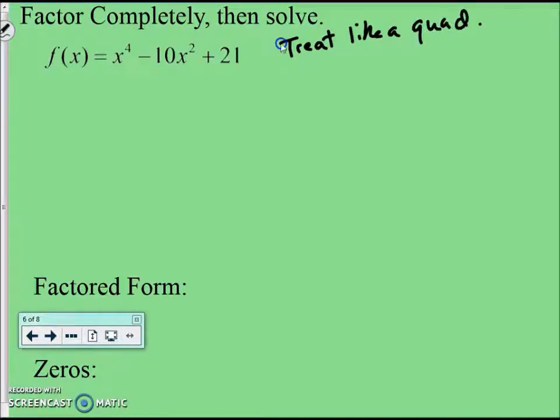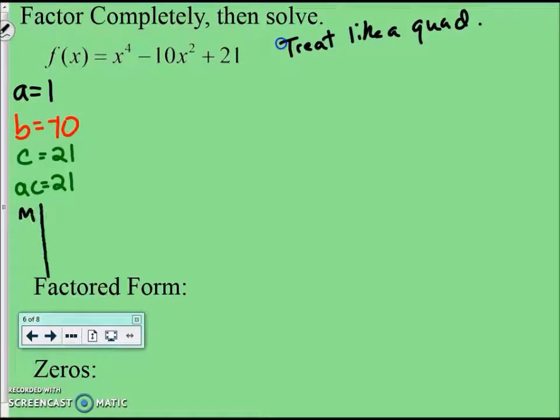And we've done this before, and what I mean by treating it like a quadratic is my a term is 1, my b term is negative 10, my c term is 21, my ac is 21 as well. So I need something that multiplies to 21 and adds to negative 10.